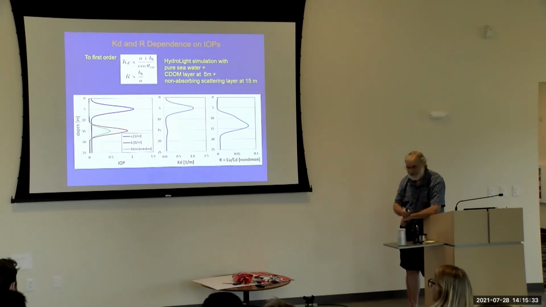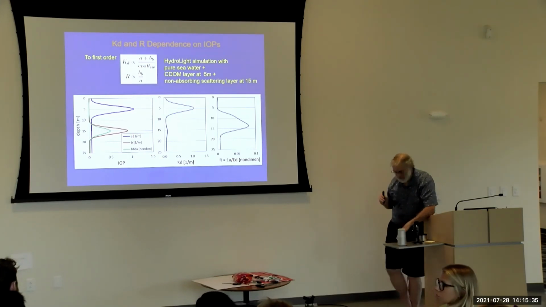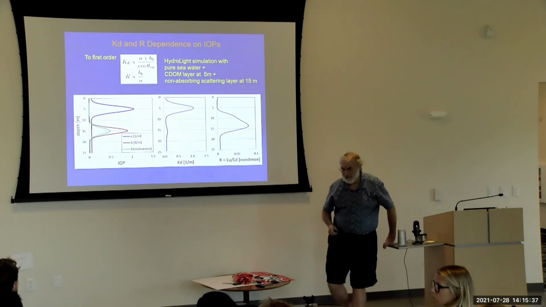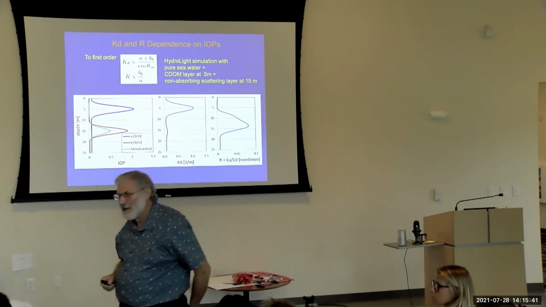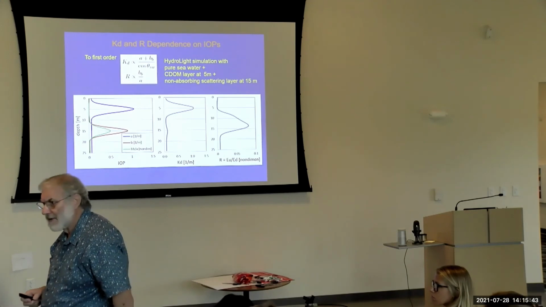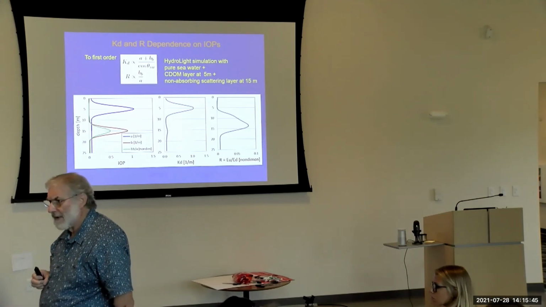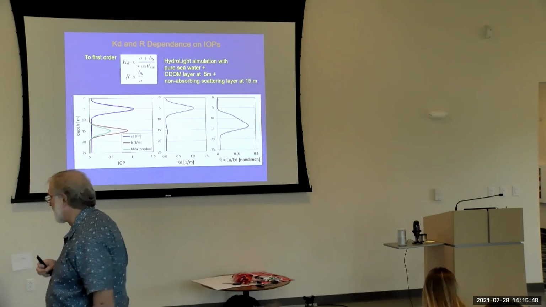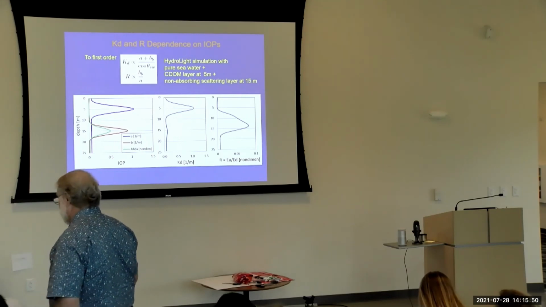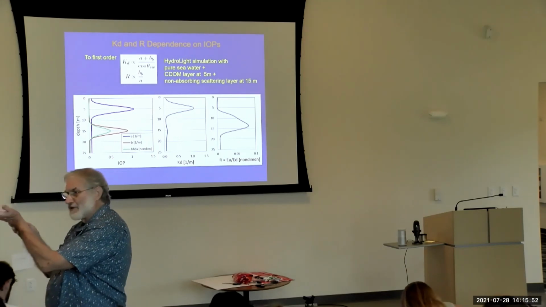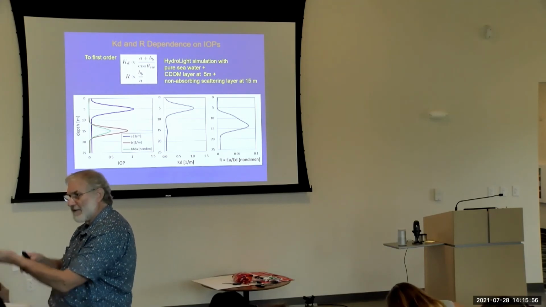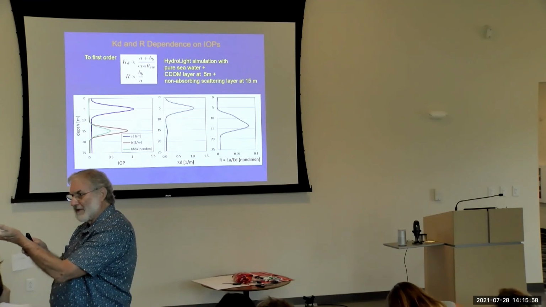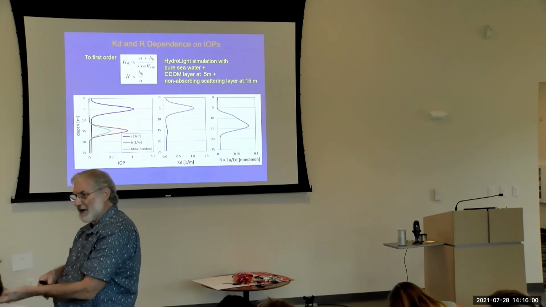In your version of KD, do you have to include the cosines? No. To get the KD, you either have your measurements of ED and you compute a depth derivative, or it's being done by definition inside Isotropic.